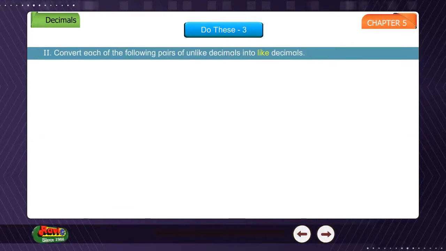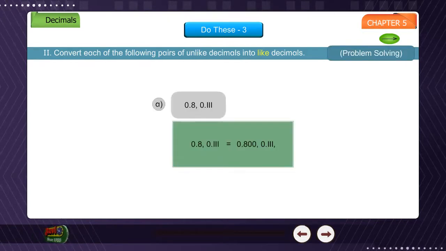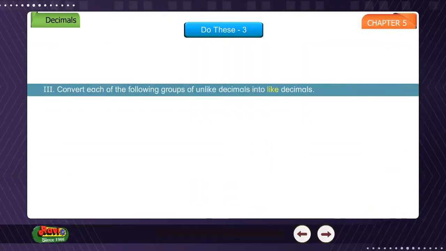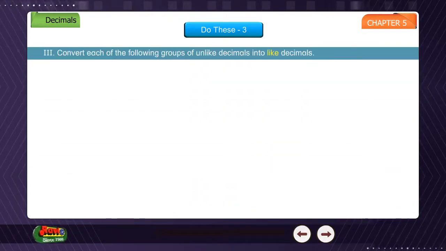Convert each of the following pairs of unlike decimals into like decimals. Problem solving. 3. Convert each of the following groups of unlike decimals into like decimals. Problem solving.